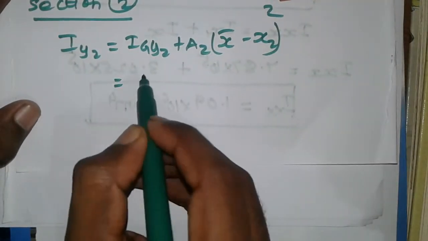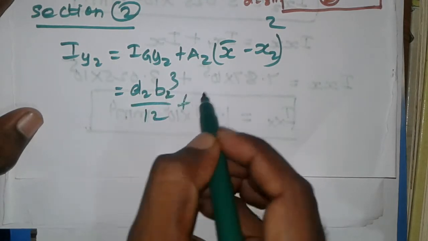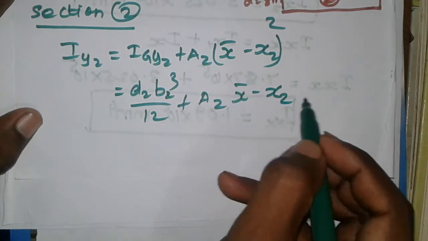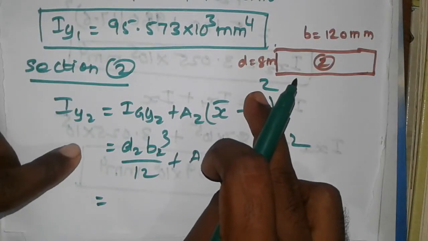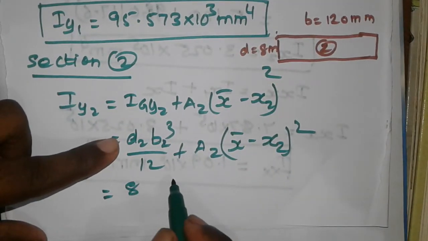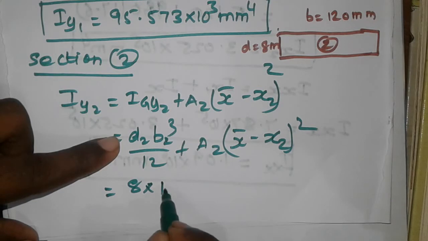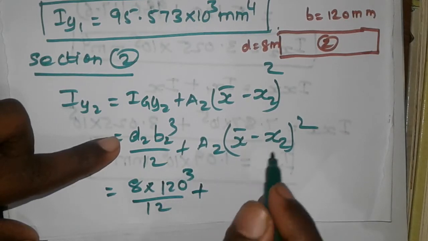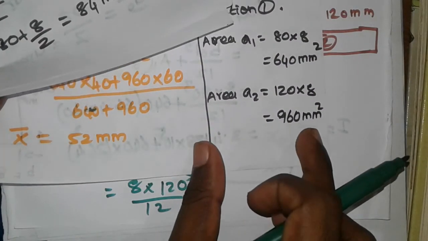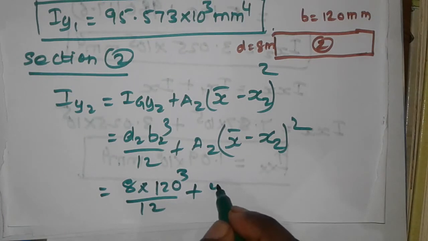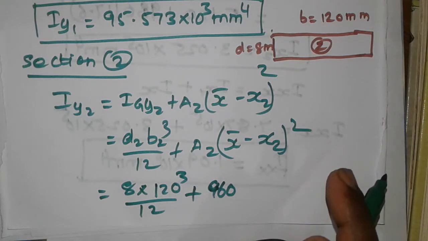Now substitute the values here. D2 B2 cube by 12 plus A2 x bar minus x2 the whole square. D is 8 mm, B is 120 mm, cube by 12 plus what is A2 value? 960 mm square. 960, x bar value we have already calculated.